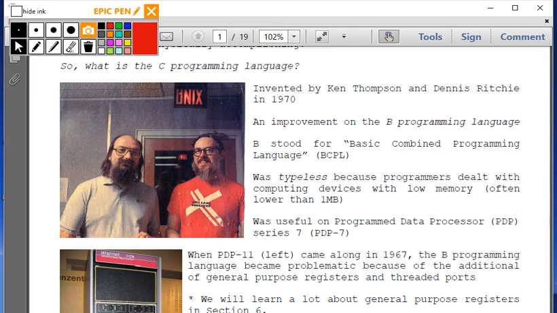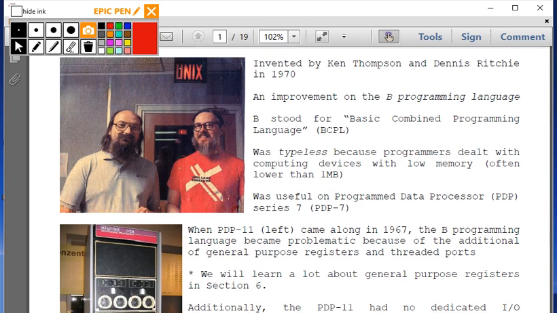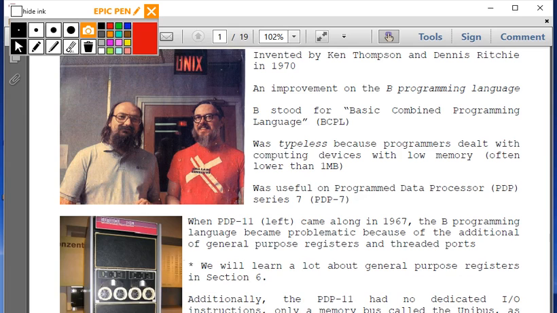So they were programming with less than 1 megabyte of memory. And you used those floppy disks back in the day with 1.44 megabytes of information on them. And when we upgraded from the Programmed Data Processor PDP-7 to the 11, we had 1 megabyte of memory in this entire giant machine.